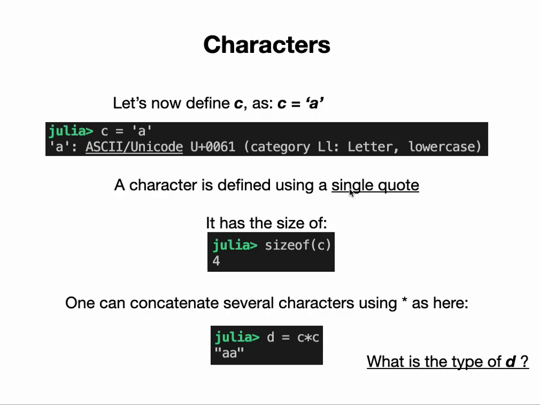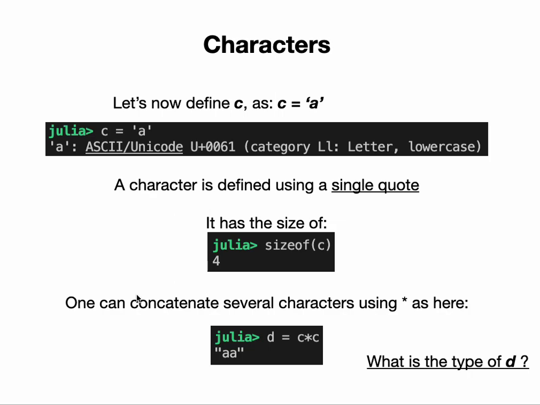If you want to know the size of the character, you can always ask sizeof(C), and then you will realize that a character has a size of 4 bytes. So it's 32 bits. It has a small size.